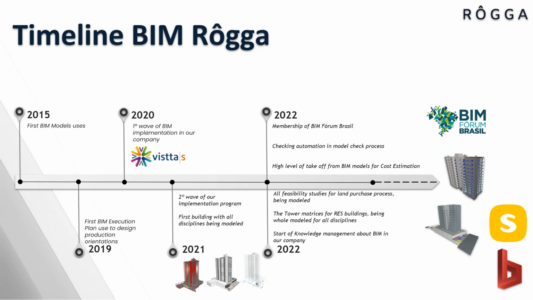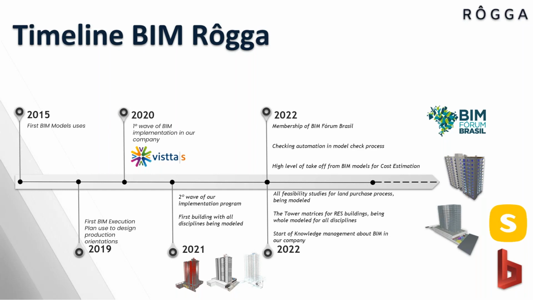Okay, so this is a tower. We just take this tower and copy it in some landings or sites here, and so we have a matrix for all this product line modeled. And we start to make a knowledge management here about the BIM in our company.